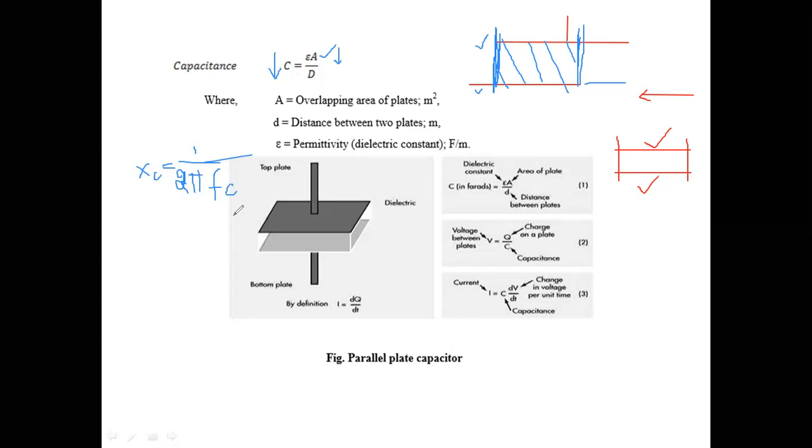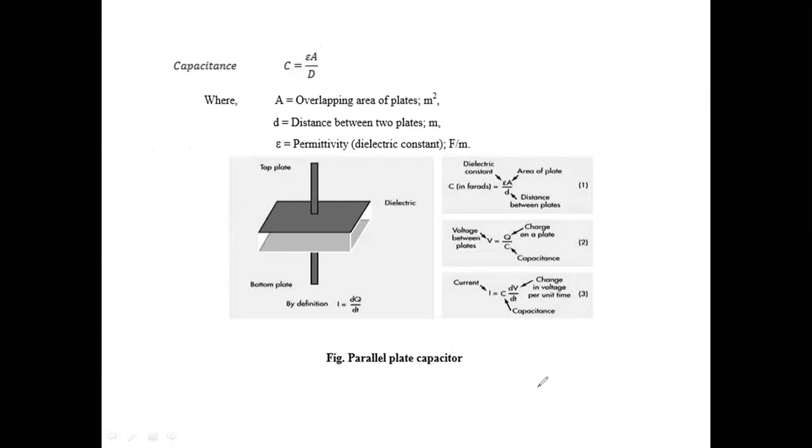If capacitance reduces, reactance increases. Then the bridge becomes unbalanced. The output current is a measure of displacement applied. So in this case, I am using change in overlapping area. In the previous case, I used change in distance between the two plates.